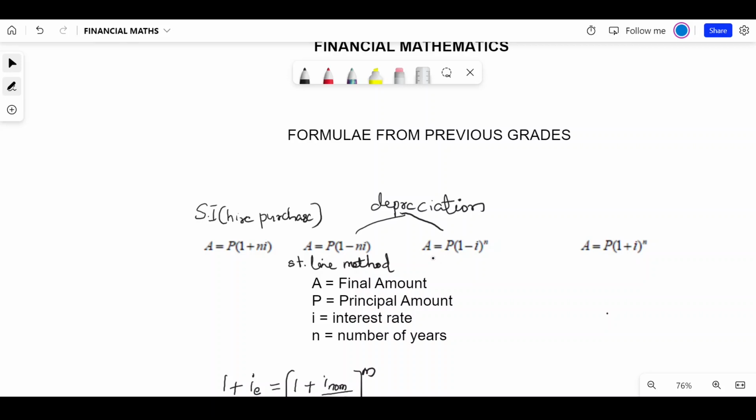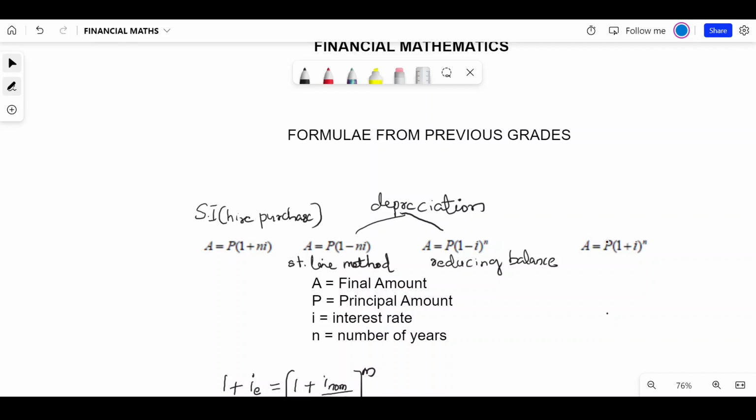You use this other formula when the question says reducing balance method. So these are the two formulae for depreciation.